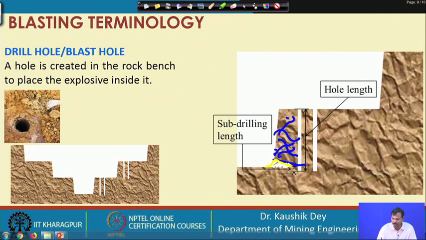So, this portion of rock mass will remain there after the blasting. To avoid this, we go for some additional length of drilling. At this point this is good enough for your understanding. We will understand it in a better way when we cover the explosive rock interaction.